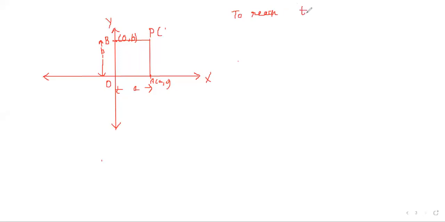To reach P, what should we do? Write in your notebook.